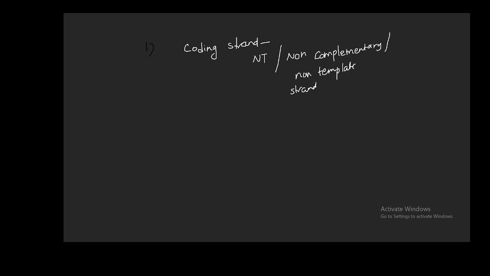Number one, the coding strand is known as the non-template strand, is also known as the non-complementary strand, as well as the non-target strand. Okay, so these are the same thing.